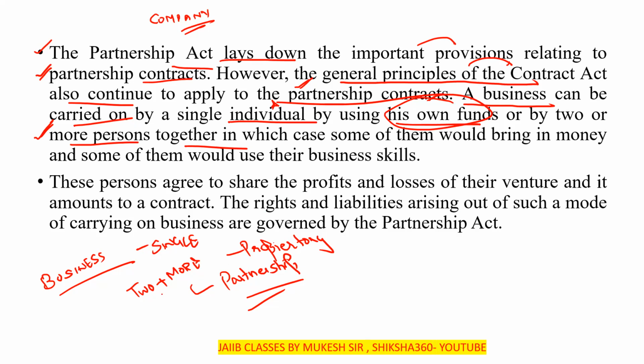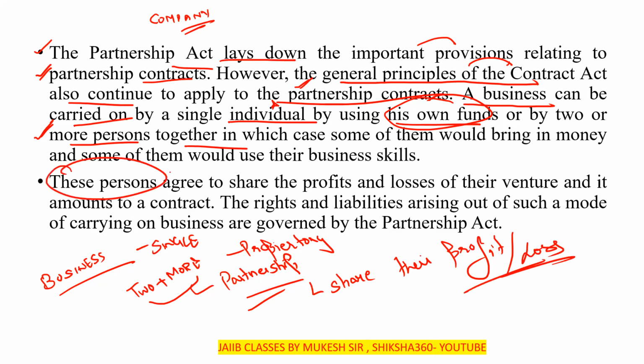Further, if these persons are in a partnership, they will share profits and losses, both. These persons agree to share the profits and losses of their venture, and it amounts to a contract.